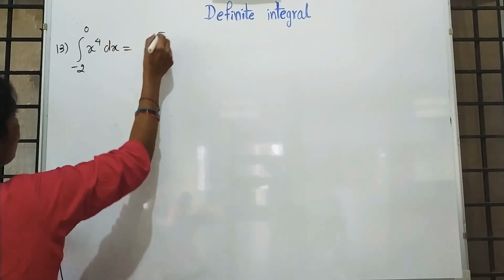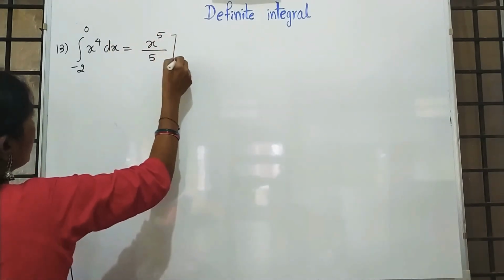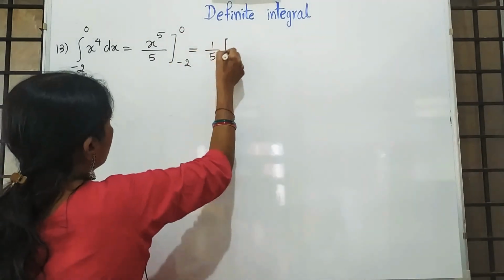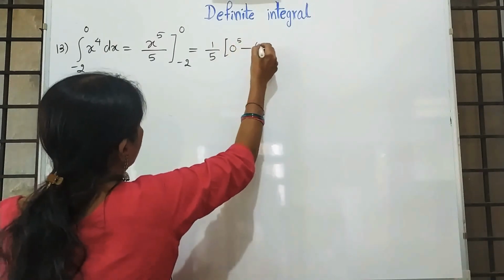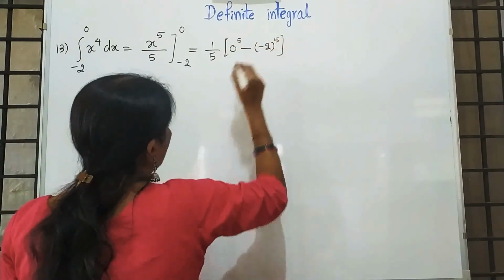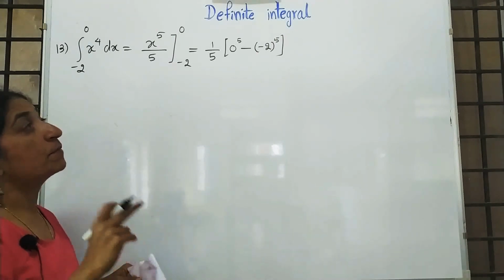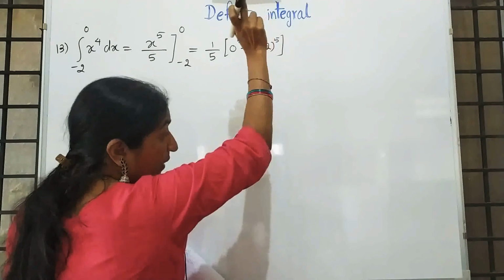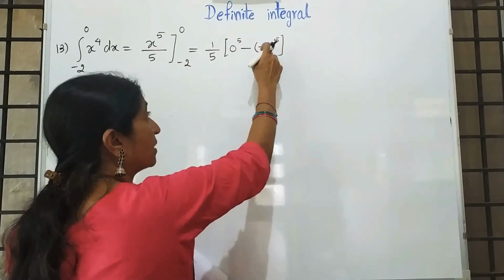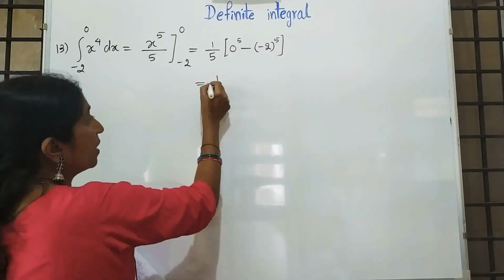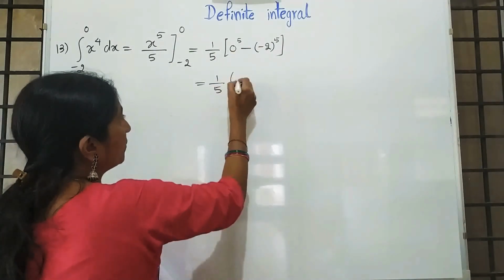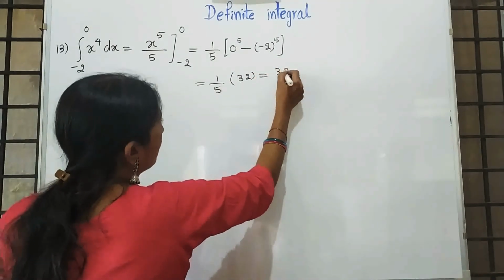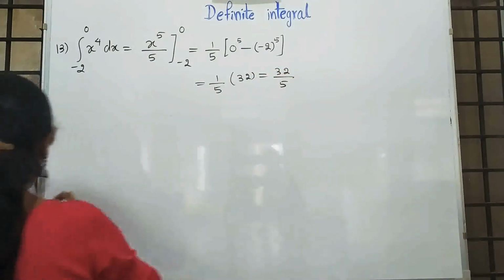Integration of x raised to 4 is x raised to 5 upon 5 from -2 to 0. 1 upon 5 outside, it is 0 raised to 5 minus, because after writing upper limit, in the middle we have to write minus, (-2) raised to 5. 2 raised to 5 is the odd number, so minus remains as it is. 2 raised to 5 is 32, and this minus becomes plus. 0 plus 32 is 32. Our answer is 32 upon 5.